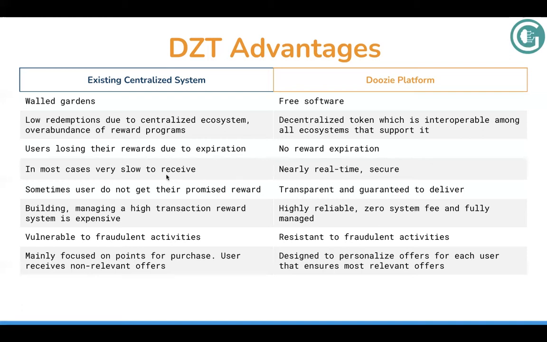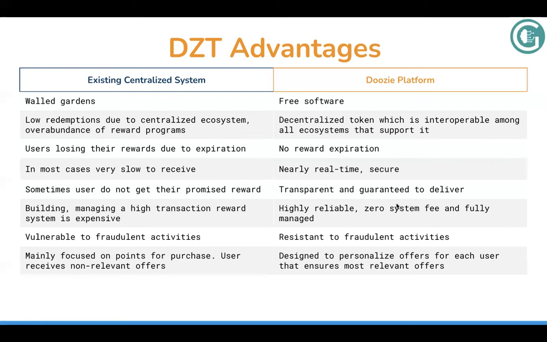In most cases, it's very slow to receive. In the Doozie token case, it will be near real time, and obviously it will be very secure. In some cases, there are missing scenarios where a user is supposed to receive a reward, but they don't get it.